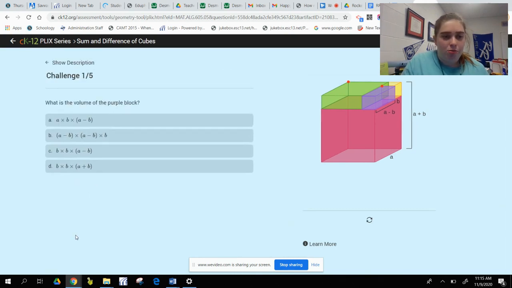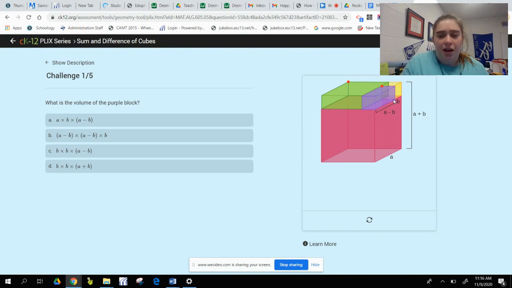So you should click this challenge me button. All right, so then the first question it asks is, what is the volume of the purple block? So you may have to think back a little bit about how do we even find volume. Remember, it's length times width times height. So let's look at these little measurements it gives us. Let's see, it says this distance right here is A minus B. So we know that's going to be one part of it.